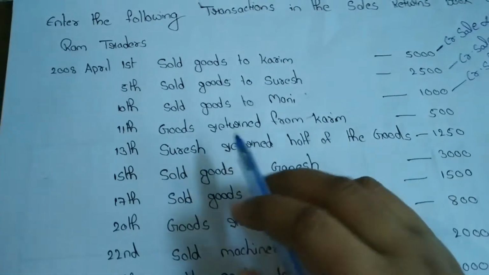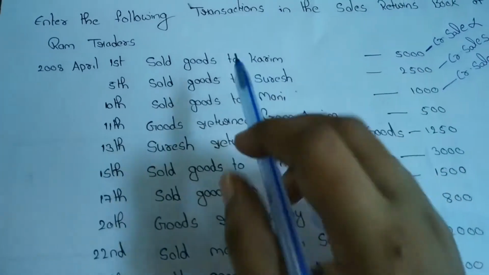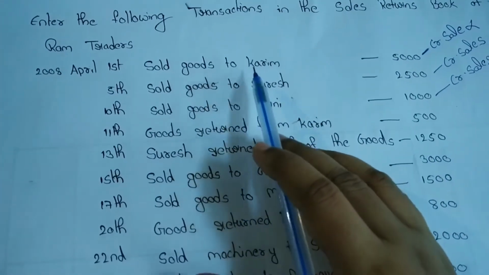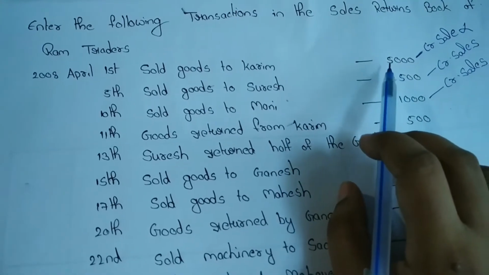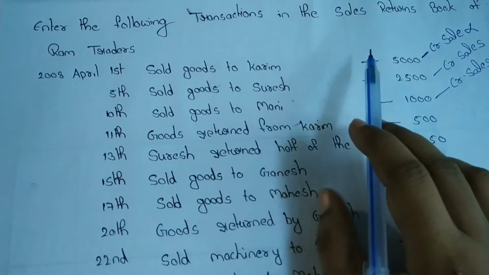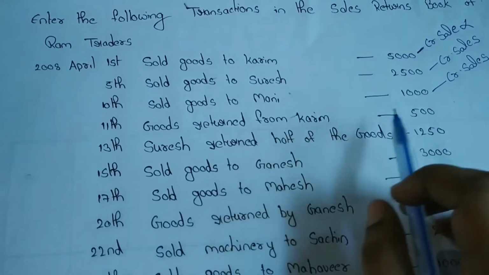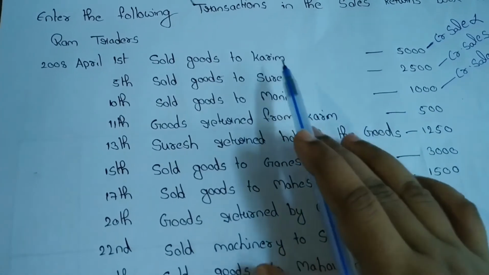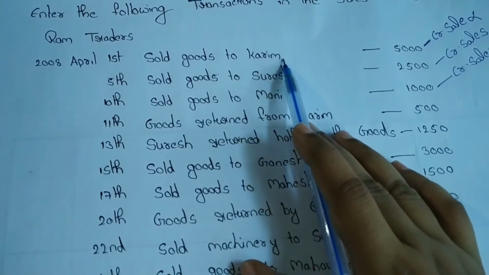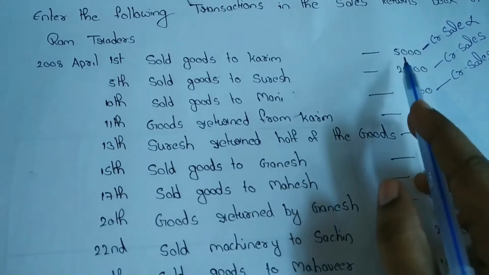Next one, on 11th, goods returned from Karim. On 1st, we sold goods to Karim, 5000 rupees. On 11th, Karim returned 500 rupees of goods. It means the sale was already done, and again some part of the goods was returned by Karim.